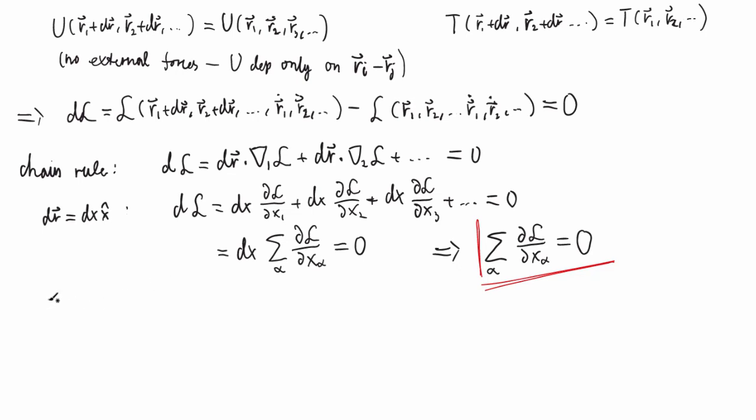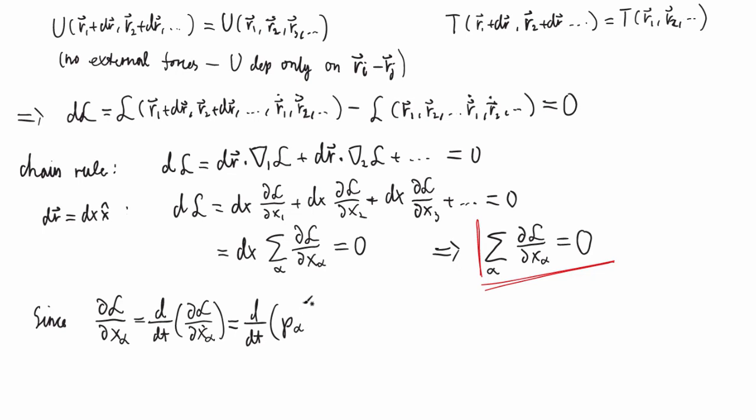Okay, now we have the Lagrange equations, which say that the generalized force equals the time derivative of the generalized momentum, as we know. And what we've done here is sum up all the generalized forces in the x direction, and we could have done the same thing in the y and the z direction.